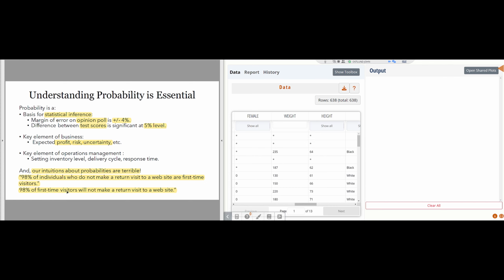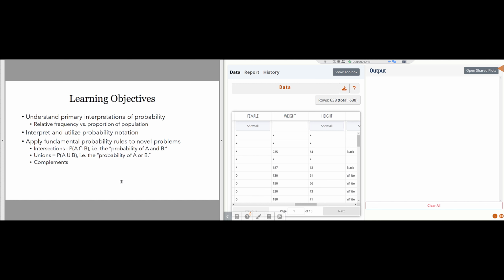But that does not in any way mean that 98% of first-time visitors will not return. The percentage of visitors who will not return could be much lower than 98% or higher than 98%. They're not the same statements.